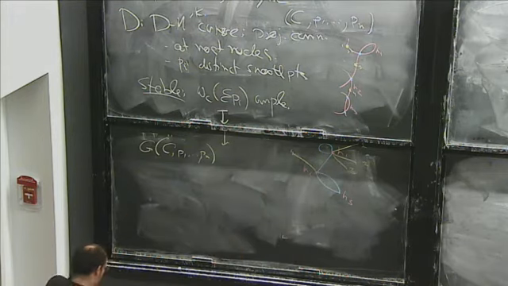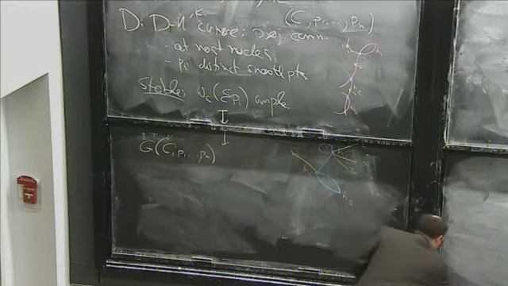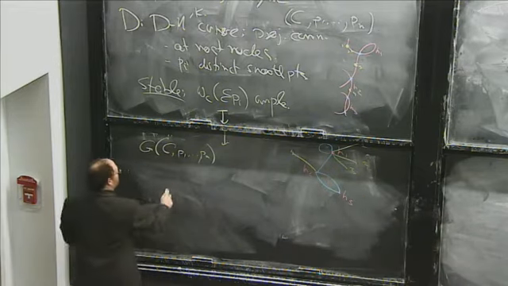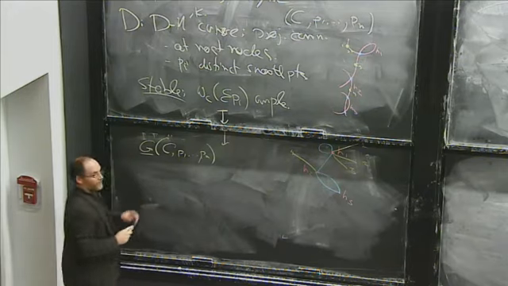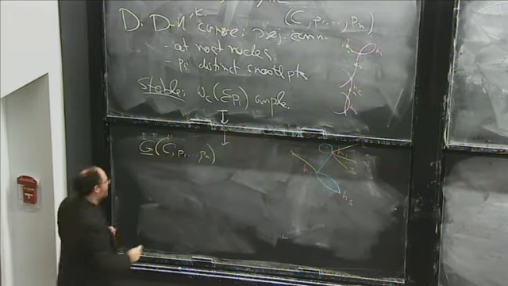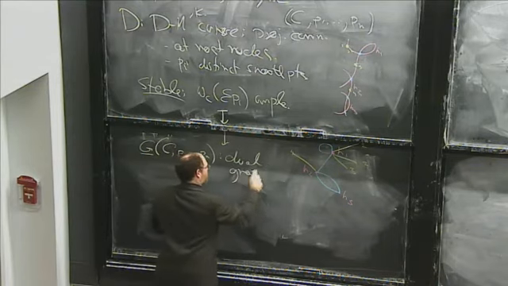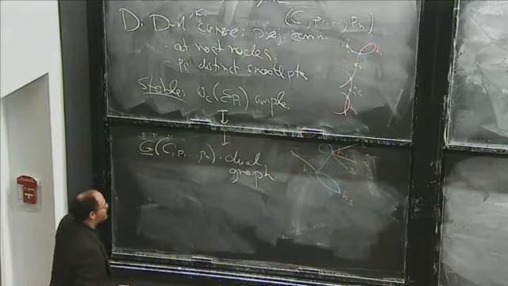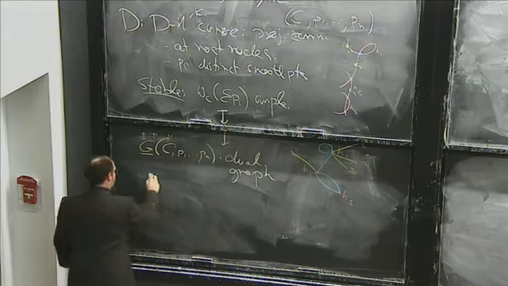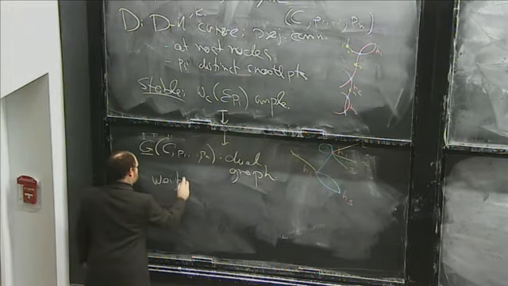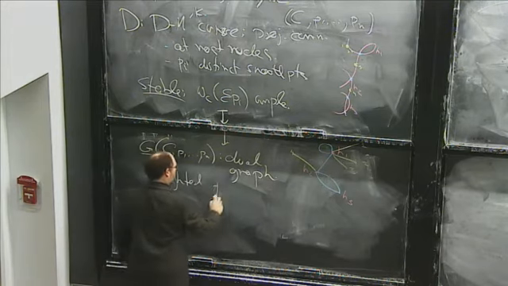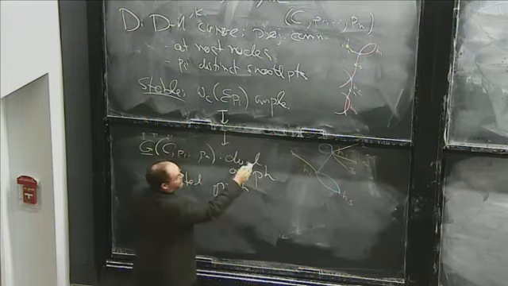So I'll write an underline for the dual graph, and you'll see why soon. So dual graph. And it is a weighted graph with numbered legs.